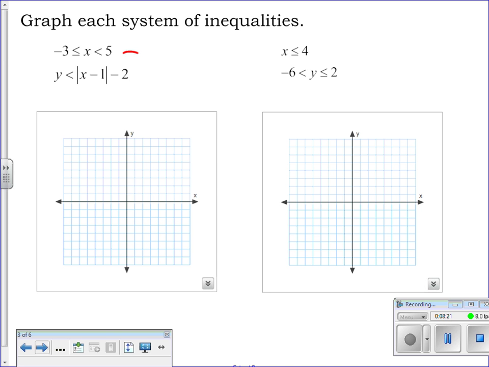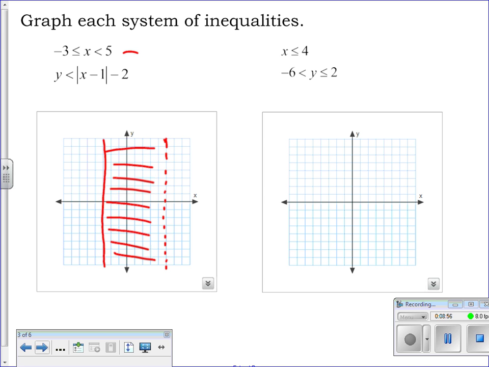The one at -3 is a solid line, and the one at 5 is a dashed line. 1, 2, 3, 4, 5. And I want everything in between. It's not that hard to do. It's really a pretty easy graph to do, and we're going to be doing several of those over the next week or so.